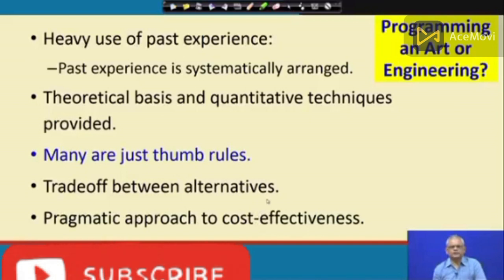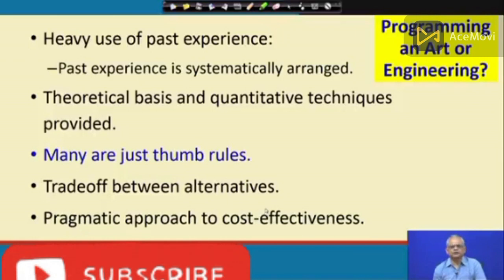Just to summarize our discussion, software engineering is an engineering approach to develop software, and this engineering approach has developed from the past experience of a large number of programmers. Over the years, the programmers have innovated new ways of looking at how to write good programs.